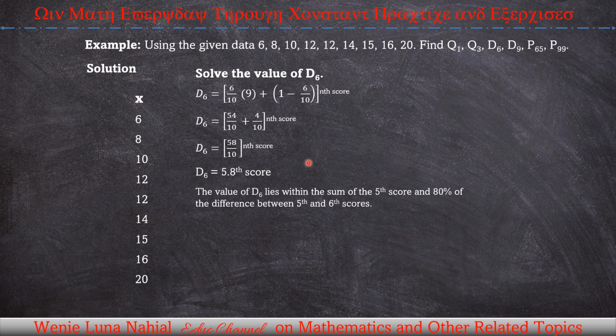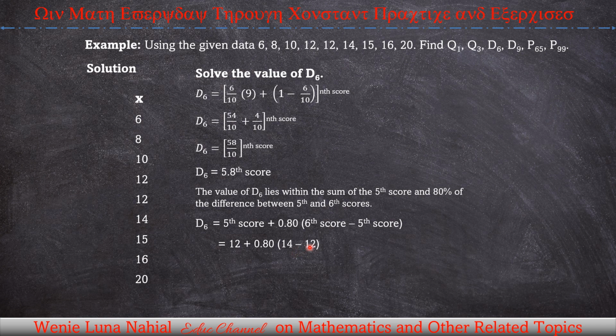Now, the value of D sub 6 lies within the sum of the 5th score and the 80% of the difference between the 5th and the 6th scores. So you have it here. The 5th score, 1, 2, 3, 4, 5, that is 12. Then the difference of 14 and 12, you have to take 80% of that.